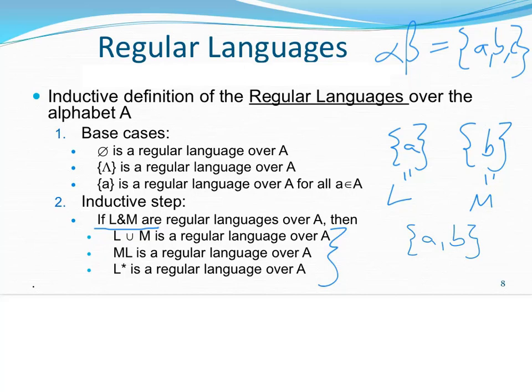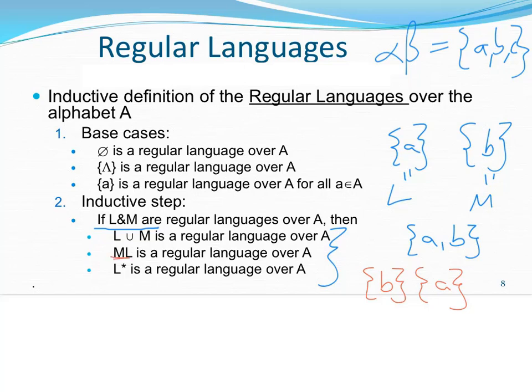Okay. Another thing that the inductive step tells us is that ML, the 2 sets concatenated together, is a regular language over A. So this tells us that, let me change color, the set {B}, which is M, concatenated with the set {A}, and of course we could do it in the other order, but I'm doing M then L because that's what this line happens to say.